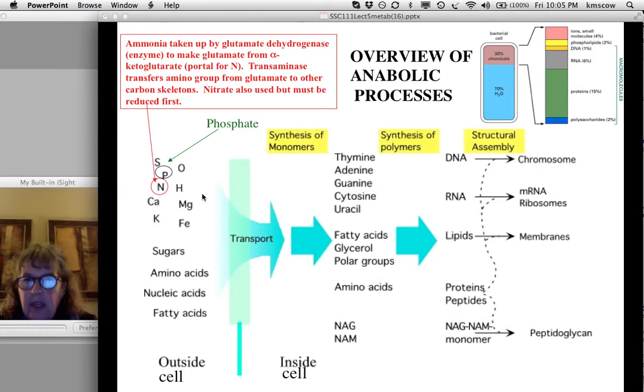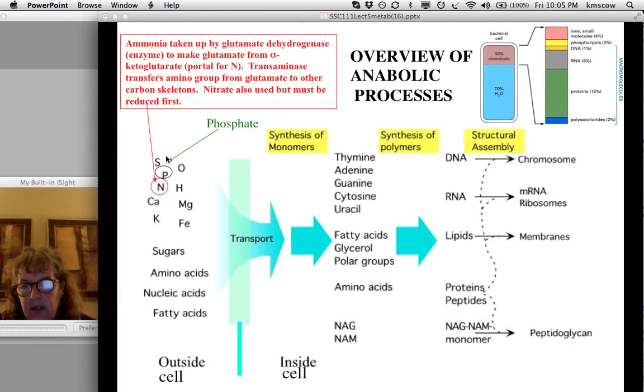So how do we relate these elements that we were looking at before that are needed by microbes and these complex macromolecules that all life forms have that are required for life as we know it?